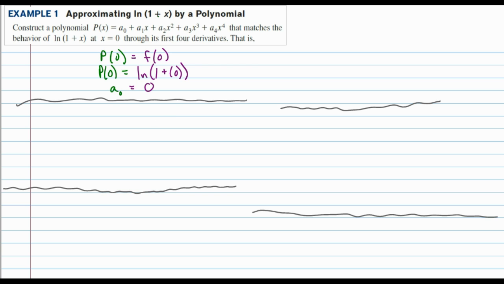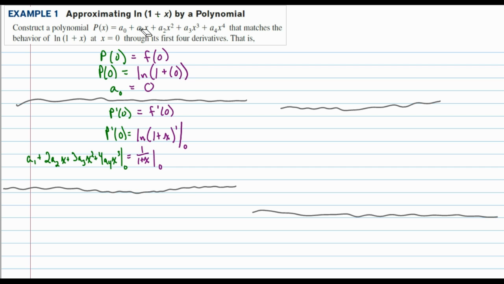Now we're going to take the first derivative of both sides. We want the first derivative of this polynomial we're creating to equal the first derivative of the function that we're trying to approximate, also at 0. Well, the first derivative of the natural log of 1 plus x is the natural log of 1 plus x prime evaluated at 0. The derivative of a sub 0 is 0. The derivative of a sub 1 x is just a sub 1.